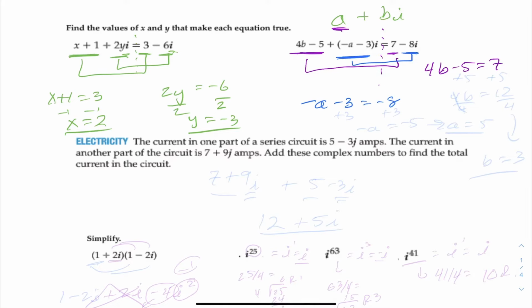Then you just solve. Negative a equals negative 5, so a equals 5. 4b equals 12, divide by 4. b equals 3.